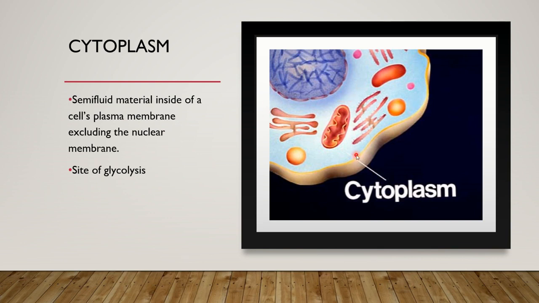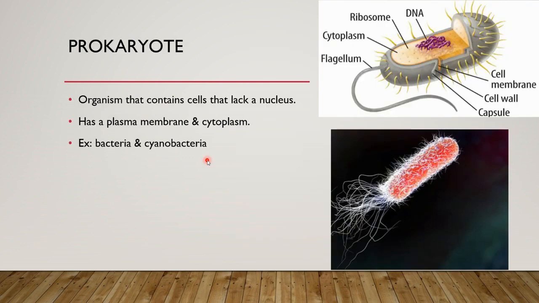Not only is this able to support different organelles that are floating inside of the cytoplasm, but this is also the site of glycolysis. Glycolysis is an important process that will create ATP, or adenosine triphosphate. It helps make energy for the cell.